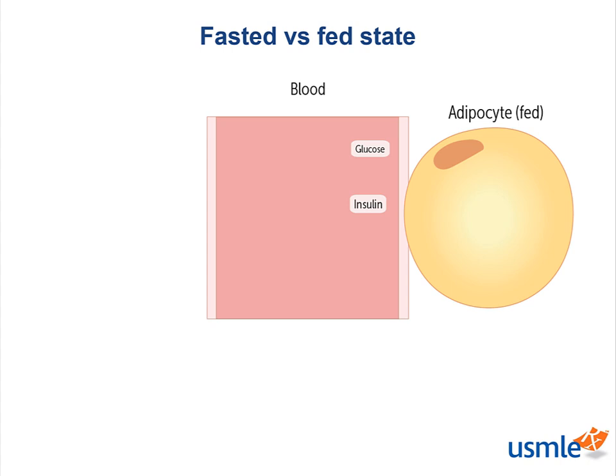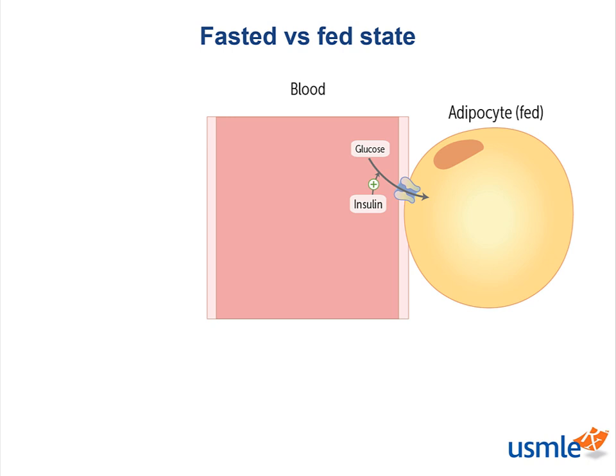So once insulin is in the blood, remember, one of the anabolic effects of insulin is to increase glucose transport into the adipose tissue. So, with the help of insulin, glucose will go into adipose. Can you remember which transporter this is?